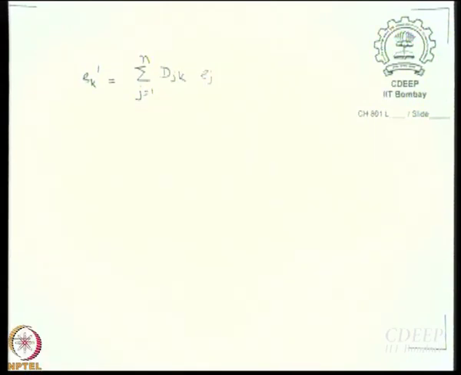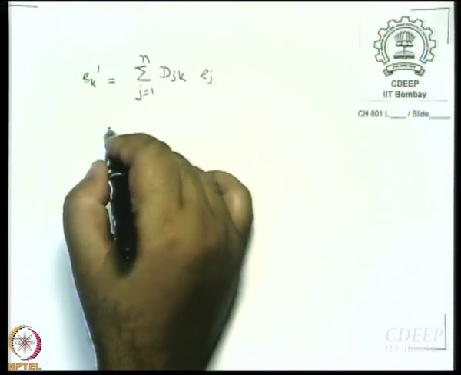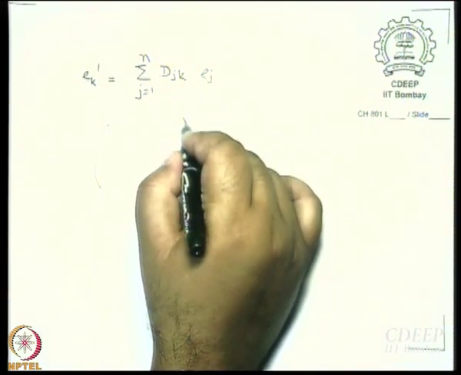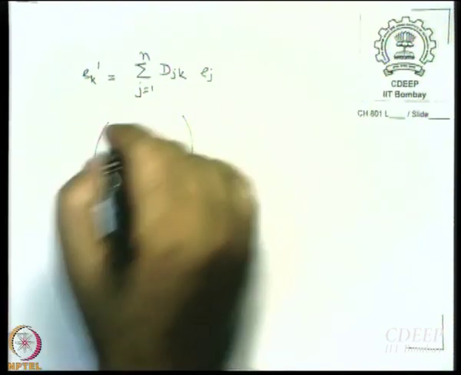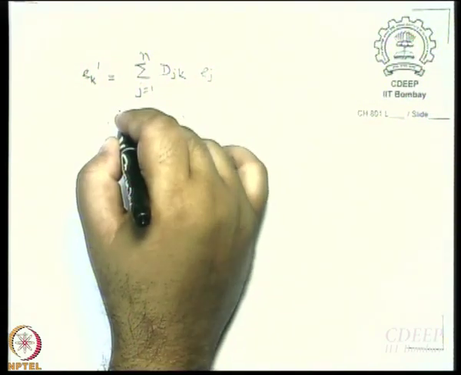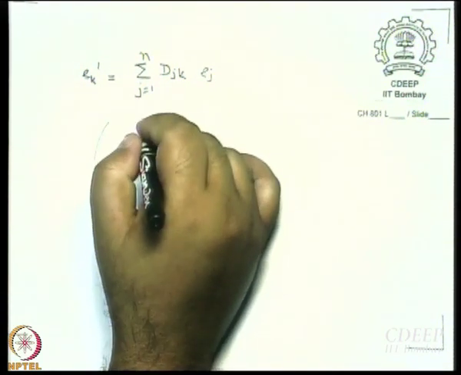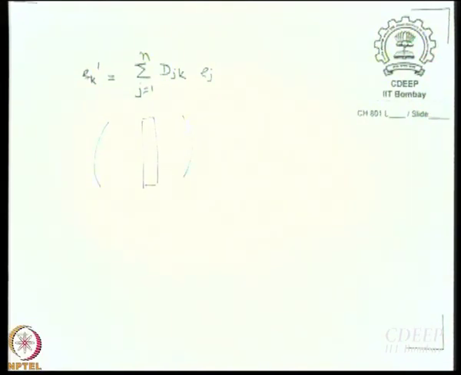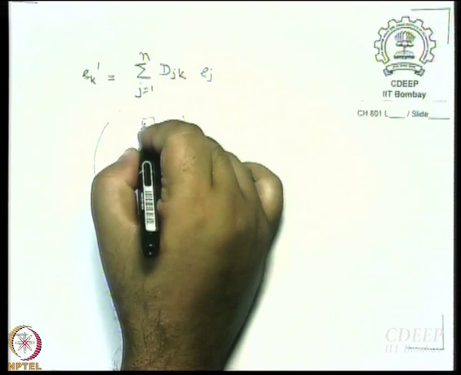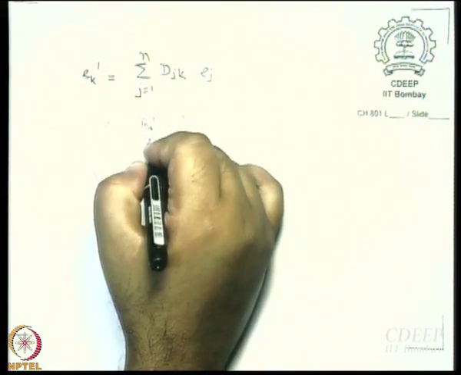What does this mean? This is my matrix, okay. K is constant. I am summing over j. That means I should go down a column. What is this? D1K.